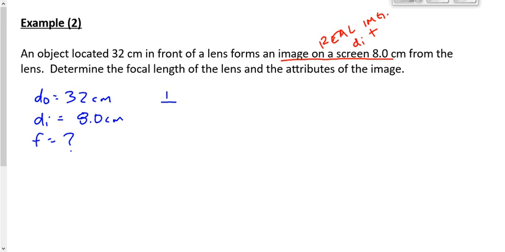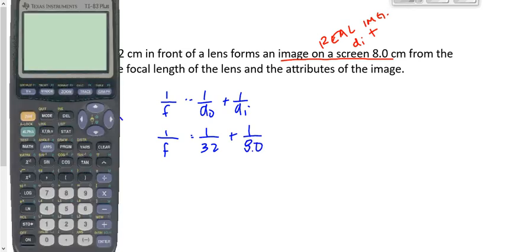Let's say 1 over f is equal to 1 over do plus 1 over di. 1 over f is equal to 1 over 32 plus 1 over 8.0. Let's say 1 over 32 plus 1 over 8 gives me 0.15625.